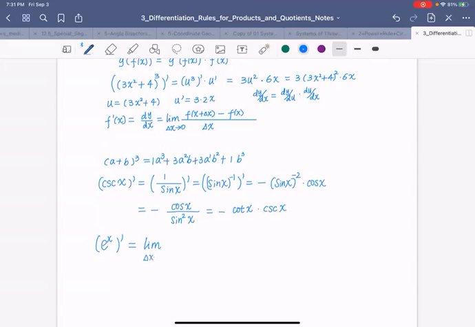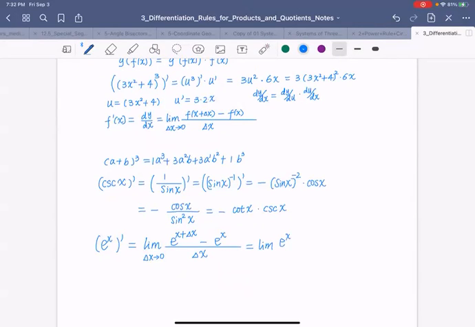Limit as change of x approaches 0, it's e to the x plus delta x minus e to the x, over delta x. Now let's take care of the top one.